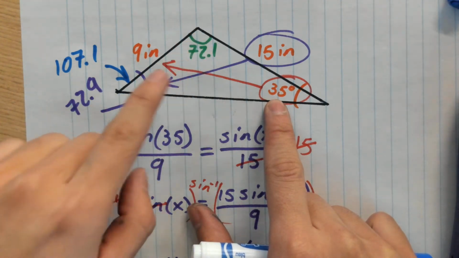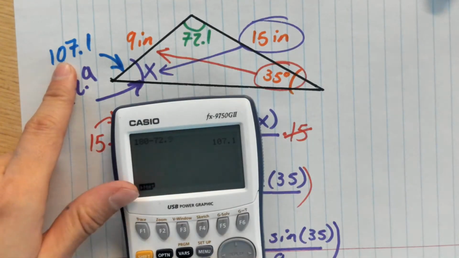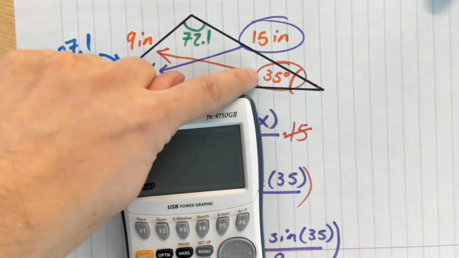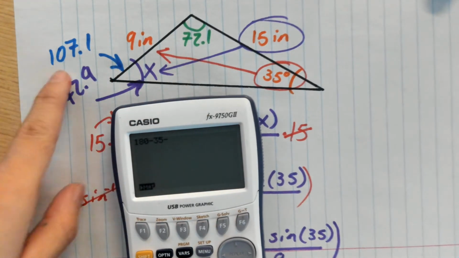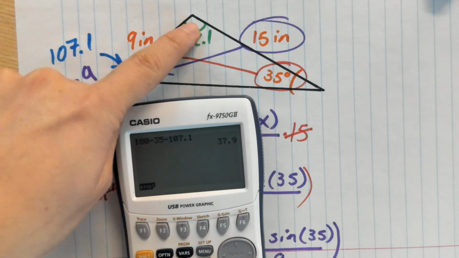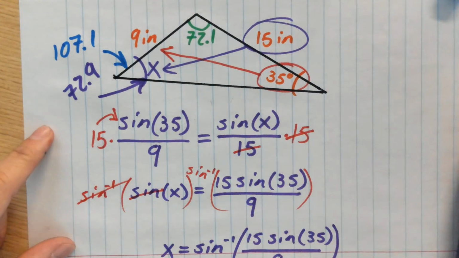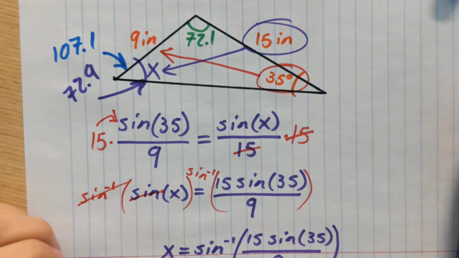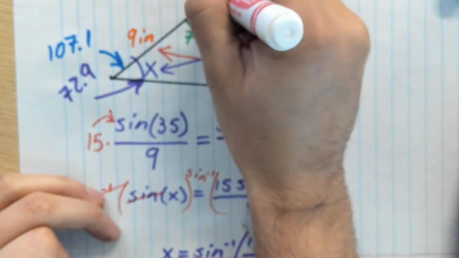So to find the third one now for the second solution, you again take 180 and subtract 35 and subtract 107.1. And that'll give me this angle will be 37.9. So the second solution for the angle up here will be 37.9.